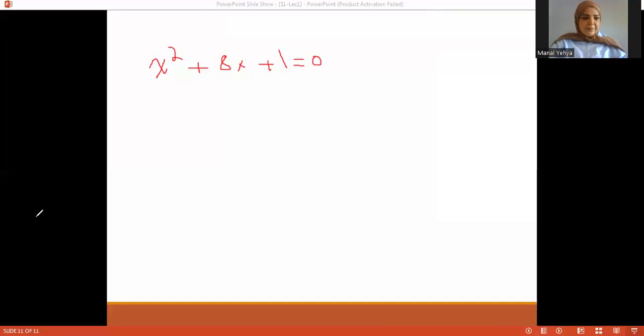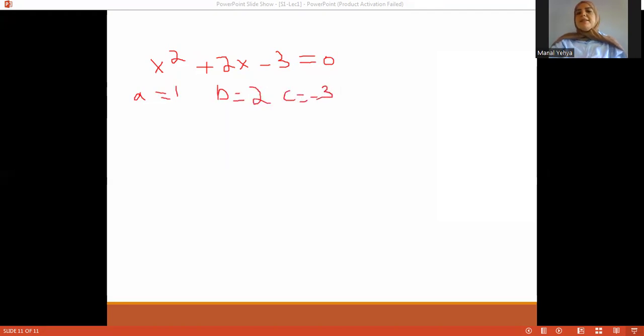I will take x squared plus 2x minus 3. a is 1, b is 2, and c is minus 3. This is a plus b plus c equals 0. So the first root, x1, is 1, and the second root, x2, is c over a, which is minus 3.